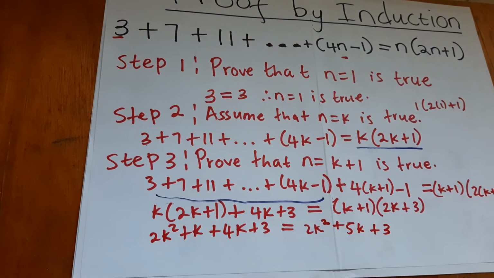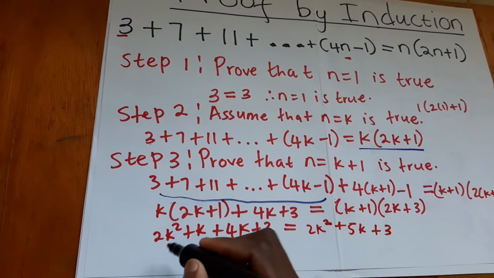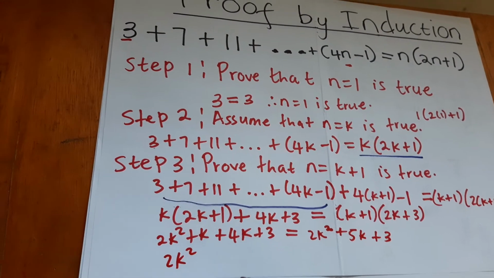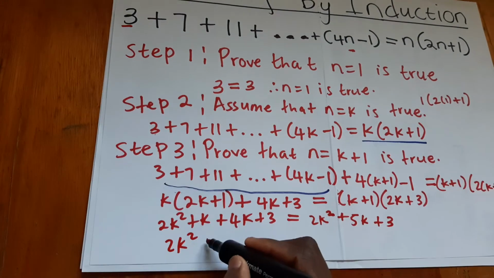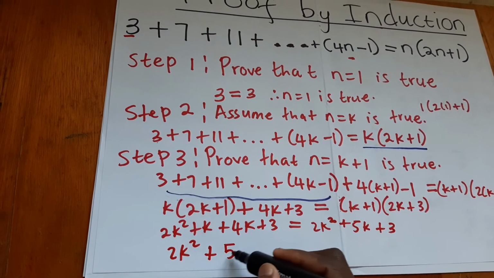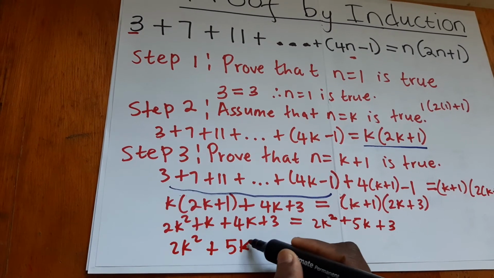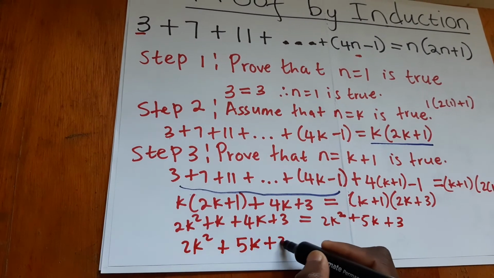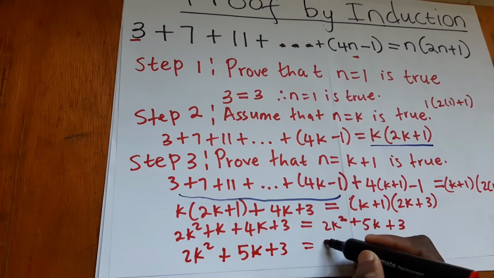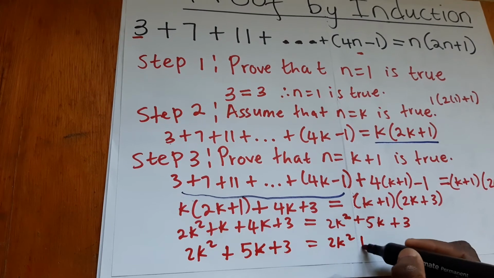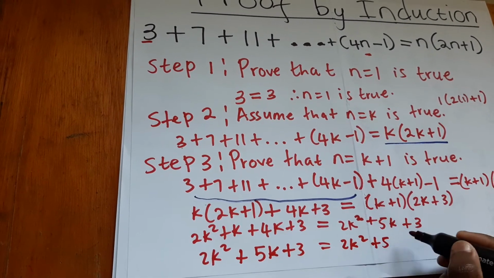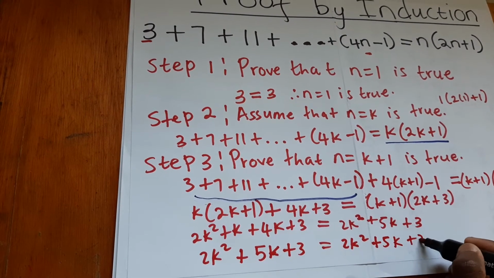You need to simplify on the left hand side. 2k squared, k plus 4k is equal to 5k. So this is 5k plus 3 is equal to 2k squared plus 5k plus 3.